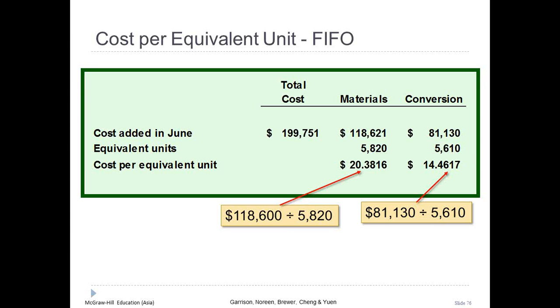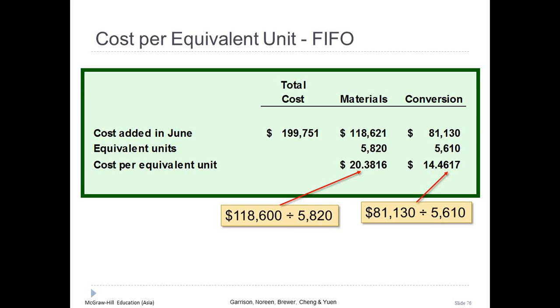We do not include the costs associated with the units in beginning inventory. We calculate the cost per equivalent unit as to materials by dividing 118,621 by 5,820 units. We calculate the cost per equivalent unit as to conversion by dividing 81,130 by 5,610.